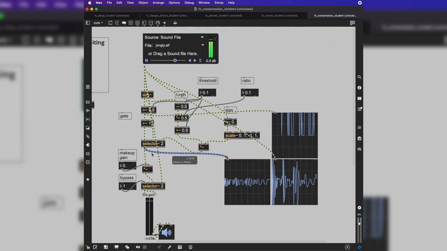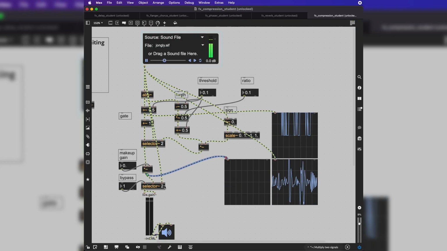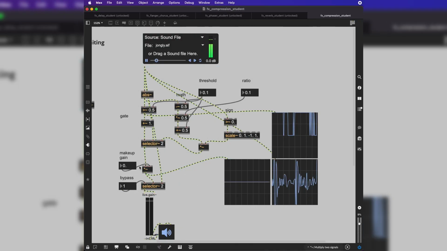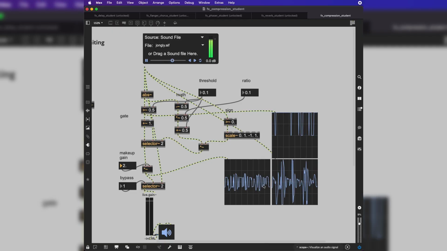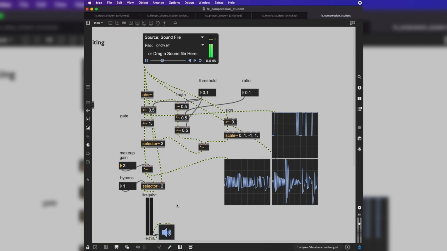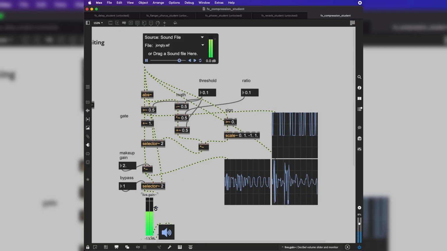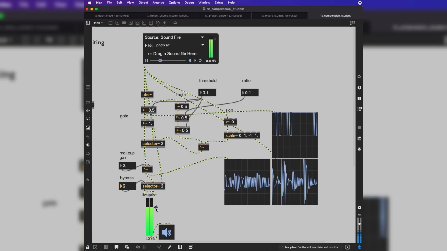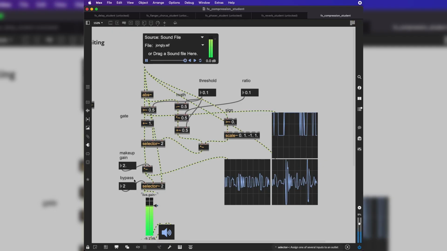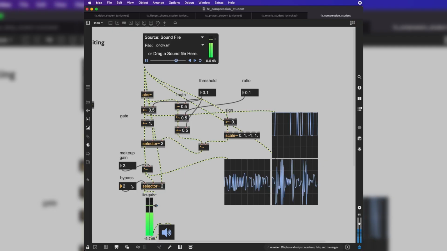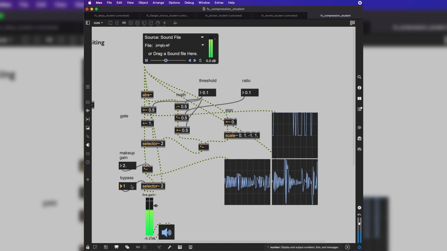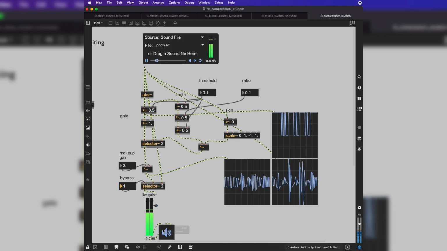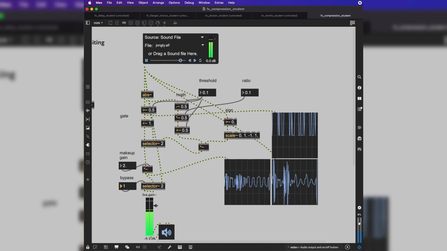So maybe we can attach our scope to the end of the makeup gain. If I double this signal that we compressed, it's still not peaking as high as the original signal, but maybe in sound you will hear it's much noisier.